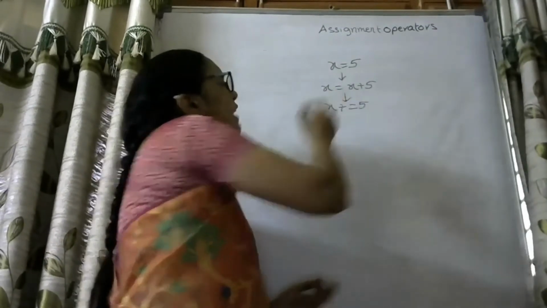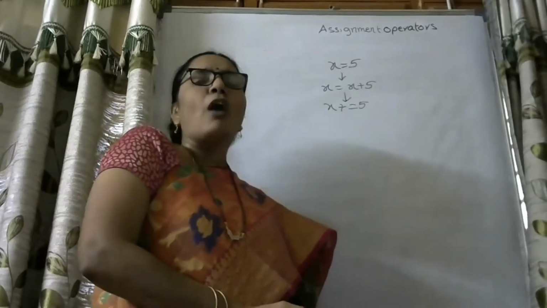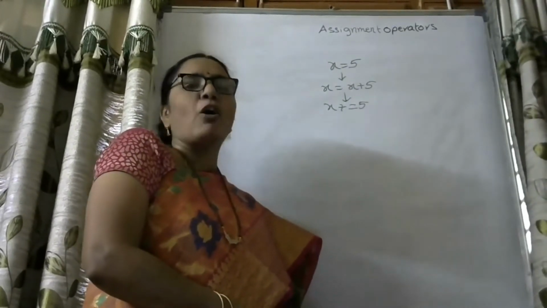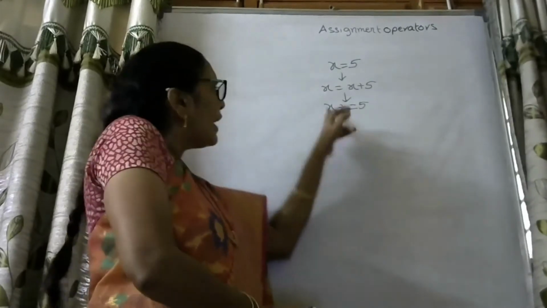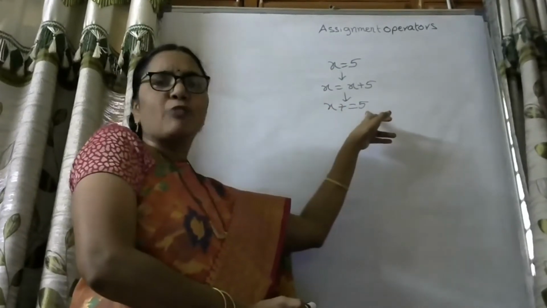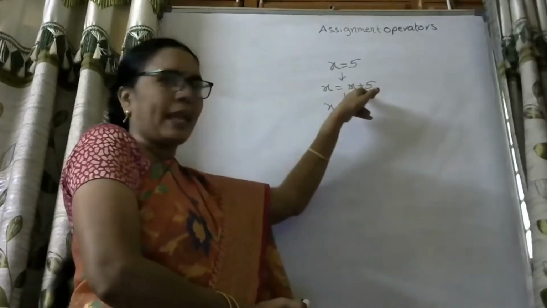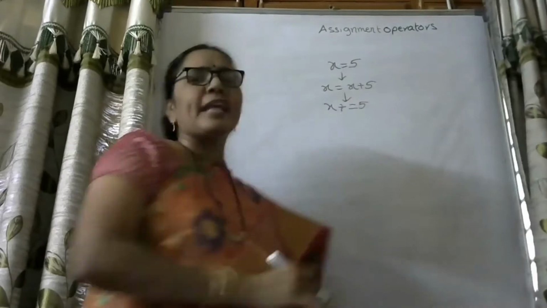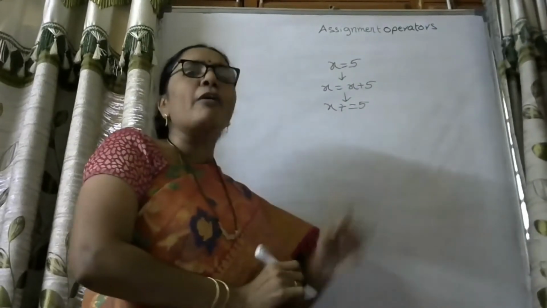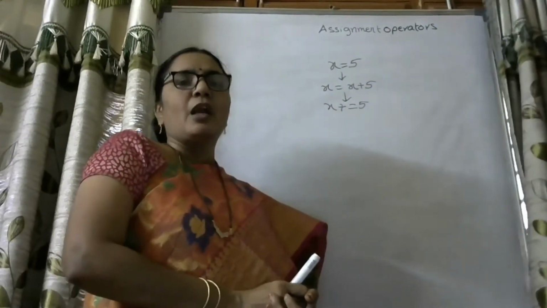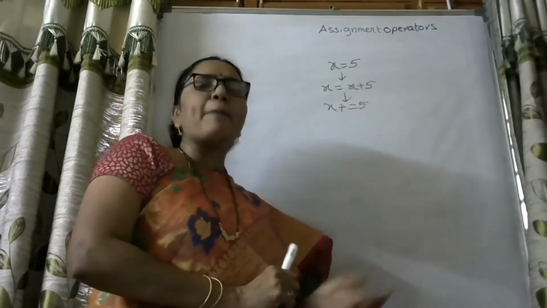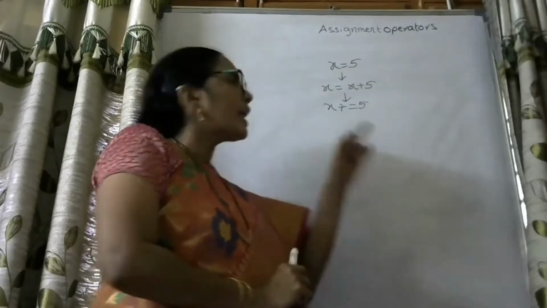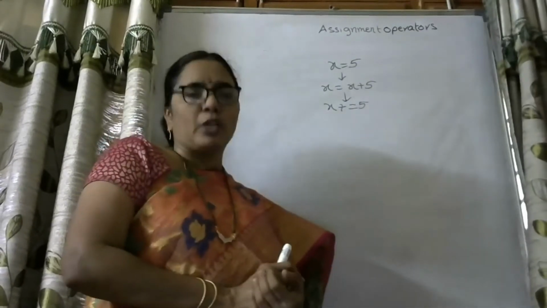This plus is equal to is the combination of arithmetic operators with your assignment operators. If I write an expression in this format, it simply means the same. This is an expression which we commonly write in our mathematics, but in all the programming languages, in order to avoid typing the x 2 times, we can write in the shorthand notation.